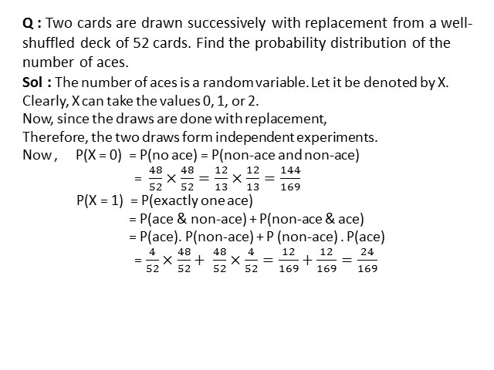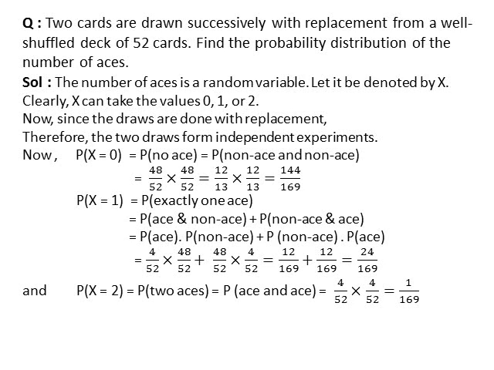So P(x = 1) equals P(ace, non-ace) plus P(non-ace, ace). This equals P(ace) multiplied by P(non-ace) plus P(non-ace) multiplied by P(ace). As the probability of an ace card is 4/52 and the probability of a non-ace card is 48/52, P(x = 1) equals 4/52 multiplied by 48/52 plus 48/52 multiplied by 4/52. After simplification, we get 24/169.